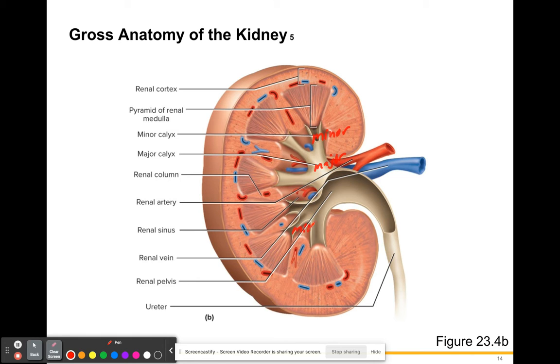Here, minor into a major. And here is our renal pelvis, which eventually leads into our ureter, which goes to our urinary bladder.